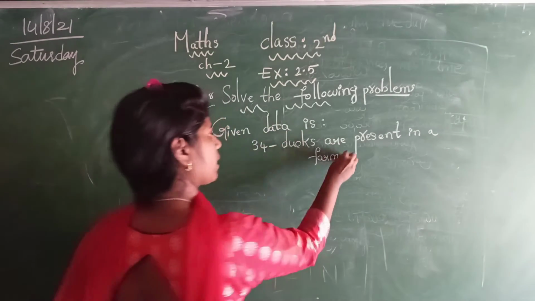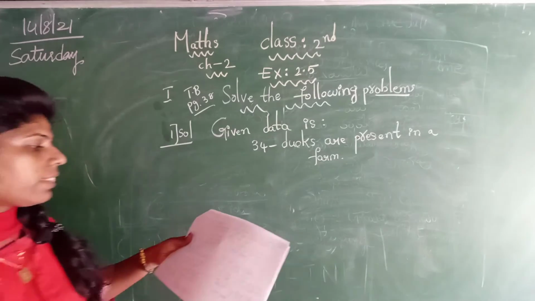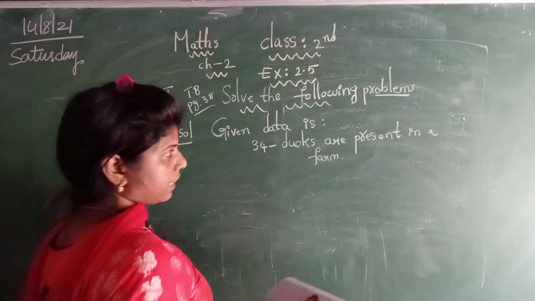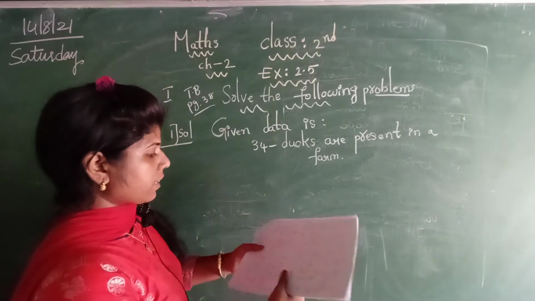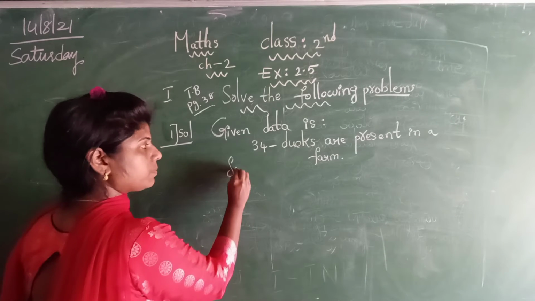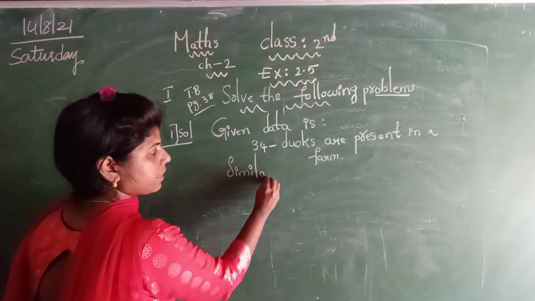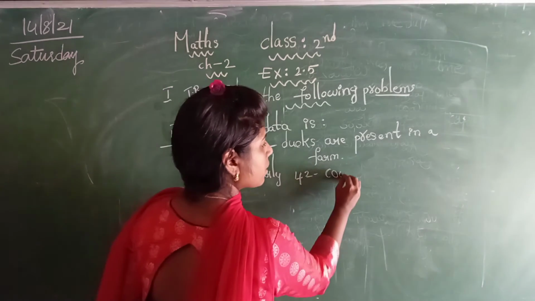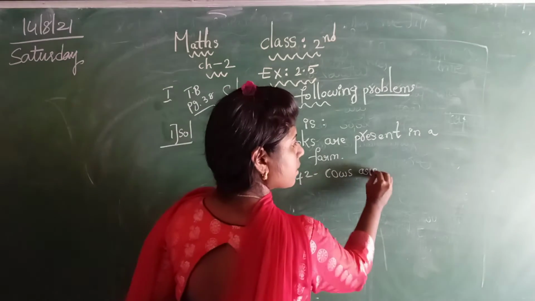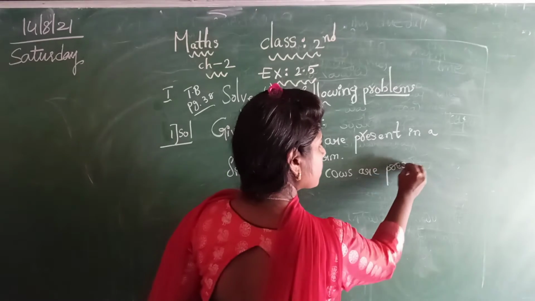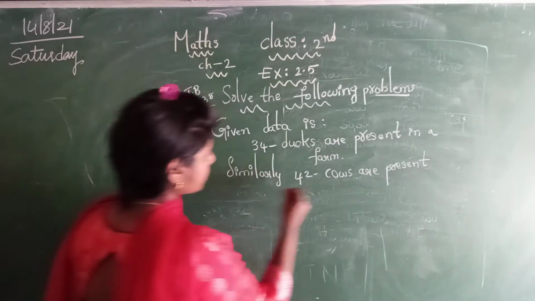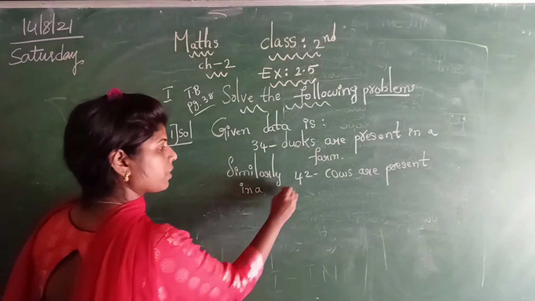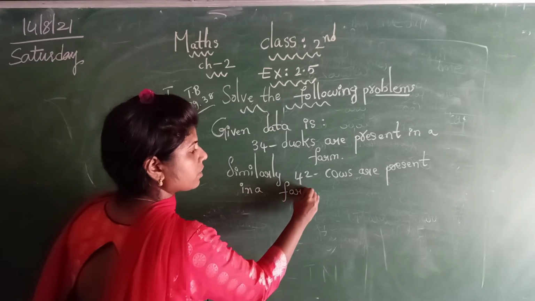This is given data. Similarly, 42 cows are present in a farm. What do we have to calculate?